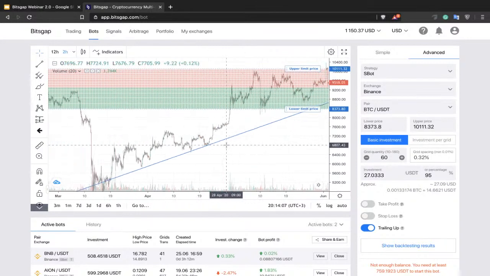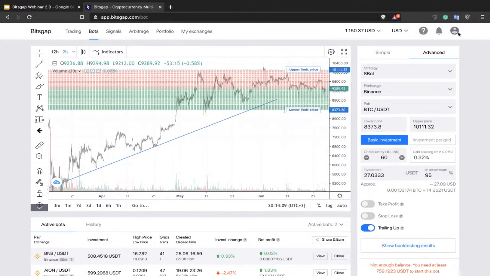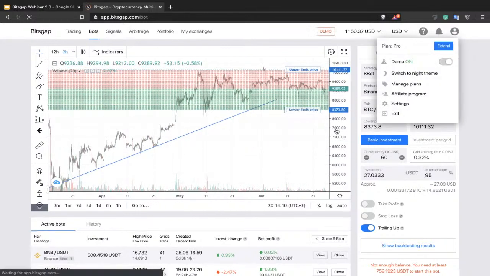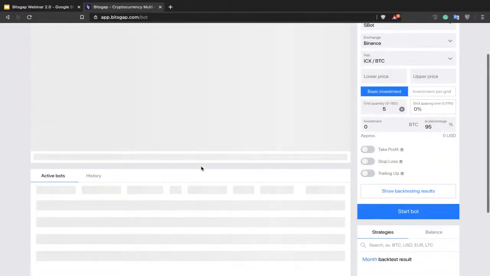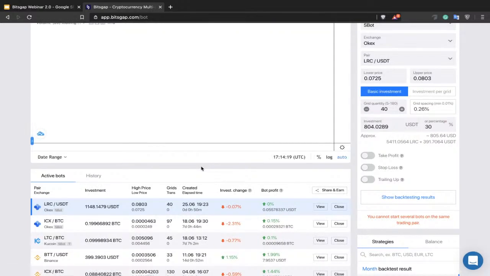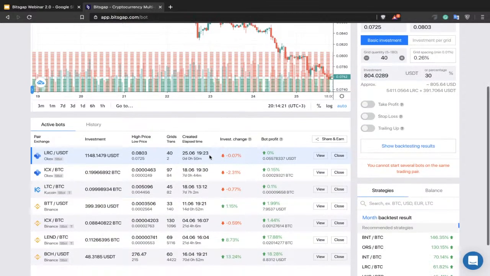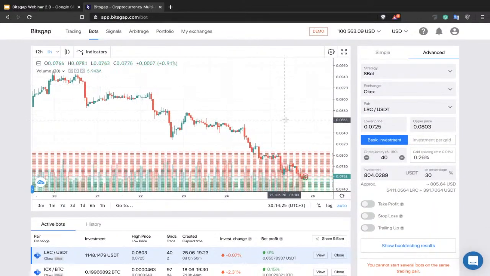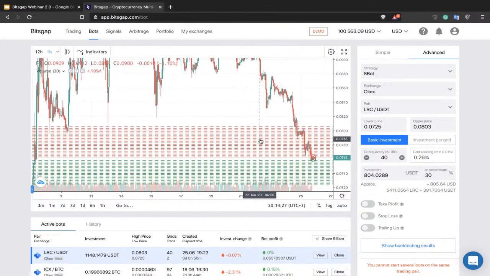So that's something up to you, and that is why we have demo mode, to test your trading, to develop your trading skills, to develop your own strategies before investing real money. So use this feature to sharpen your skills.